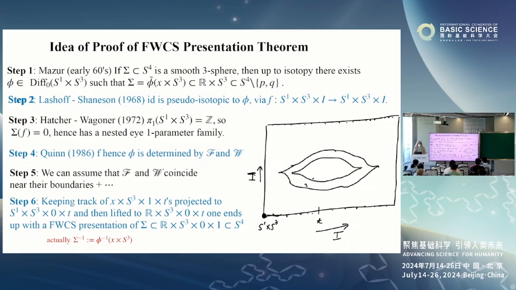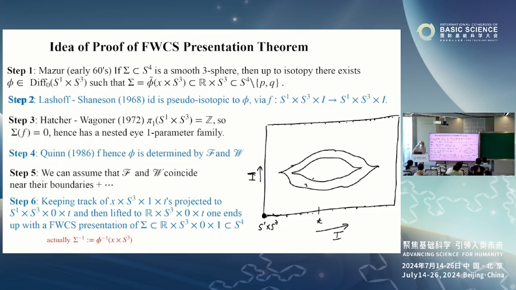Okay, but what makes it interesting to me is that the Schoenflies question reduces to a question about Diff of S1 cross S3. And as I mentioned earlier, Laudenbach and Sonnenschein showed that any diffeomorphism of S1 cross S3 homotopic to the identity is pseudo-isotopic to the identity.